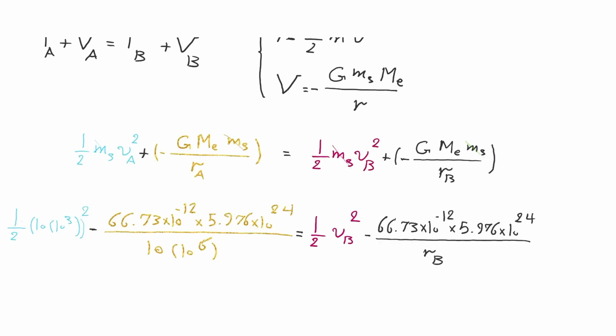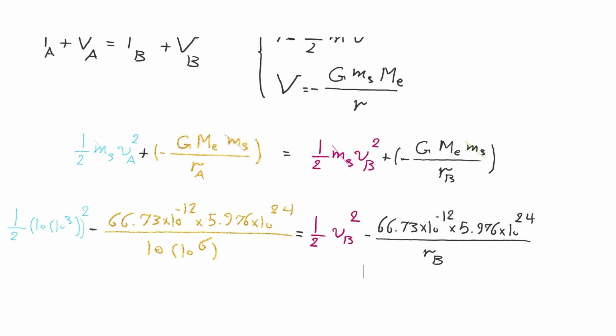Substituting all the values will give me this new equation, and I changed the colors to make each term easier to follow. First I substitute the kinetic energy, or half of the velocity at point A to the power of 2, which is this term, and then I replace the potential energy at point A by these values.